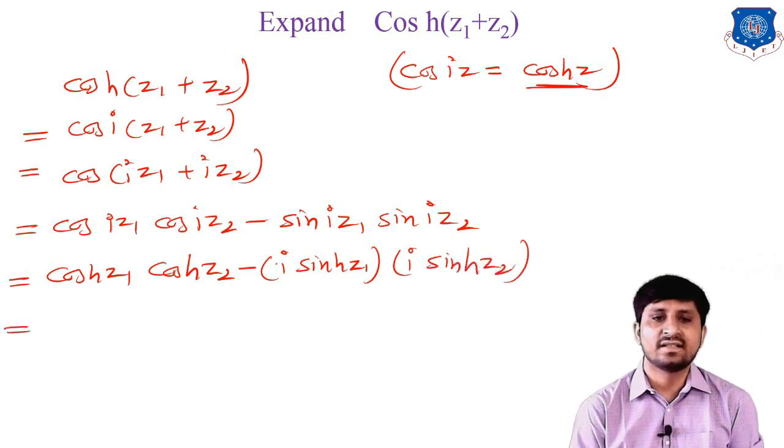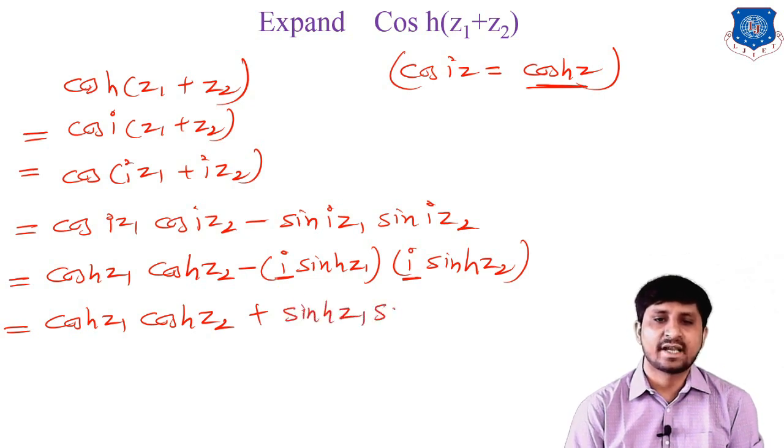So clearly you can see this is i into i, that is i square, which is minus 1. So that's why it is cos hyperbolic z1 cos hyperbolic z2, minus minus becomes plus, sin hyperbolic z1 into sin hyperbolic z2.